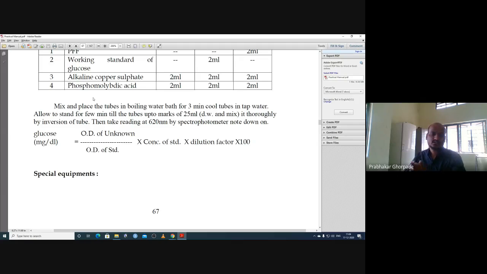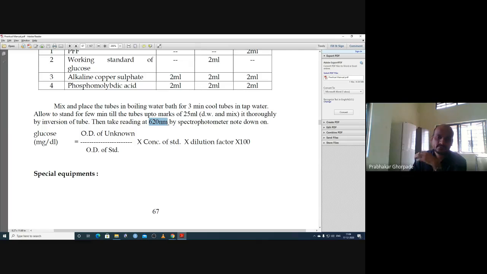Then make up the tubes to the 25 ml mark with distilled water and mix thoroughly by inversion of the tube. Then take the reading at 620 nanometer by the spectrophotometer and note it down.